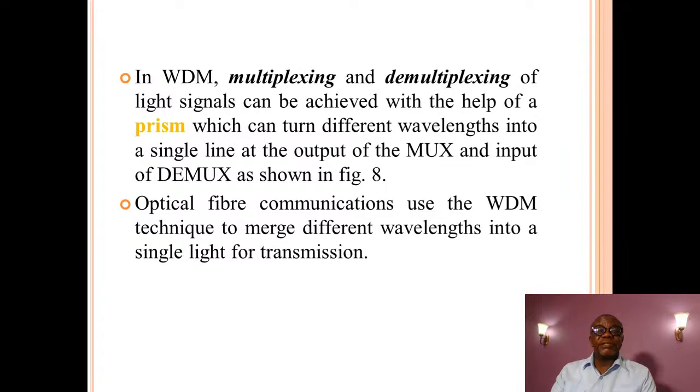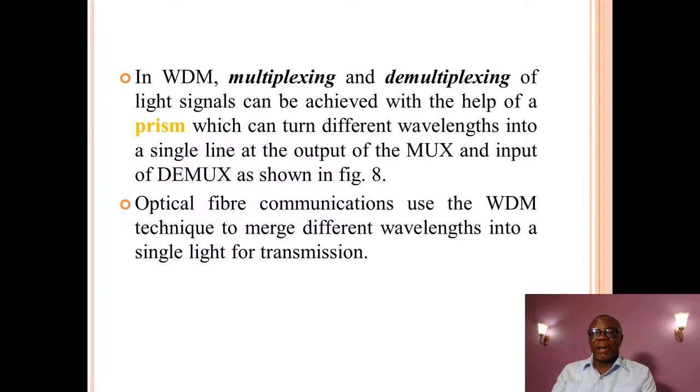So in this WDM, multiplexing and demultiplexing of light signals can be achieved with the help of a prism, which can turn different wavelengths into a single line at the output of a multiplexer and input of a demultiplexer, as shown in Fig 8.